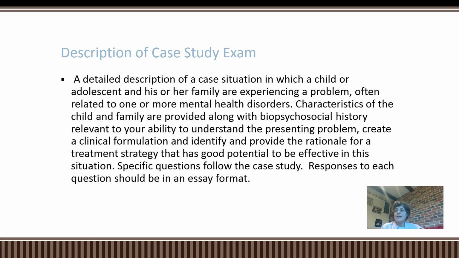I'd appreciate it if you would respond to each of the questions that are asked in the case study in paragraph form, so that you might have a paragraph on predisposing factors, precipitating factors, perpetuating factors. Then after you finish prognostic factors, you might have a paragraph on the rationale for diagnosis.